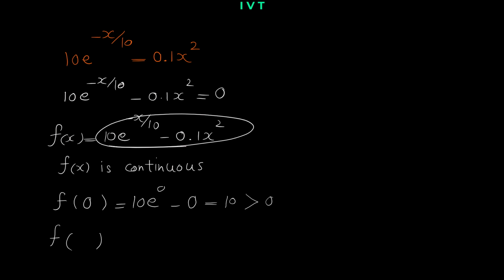Now we have to look for a number for x that makes f of x negative. Maybe it's a little tricky to find that number in this particular question. If you have a calculator, obviously you can try different numbers, and finally you can guess and find the number that makes the function negative. For example, if we try 1, we don't know what e to the power of negative 1 over 10 is.